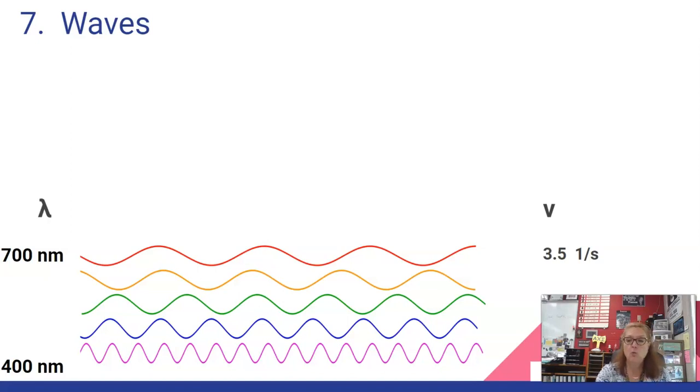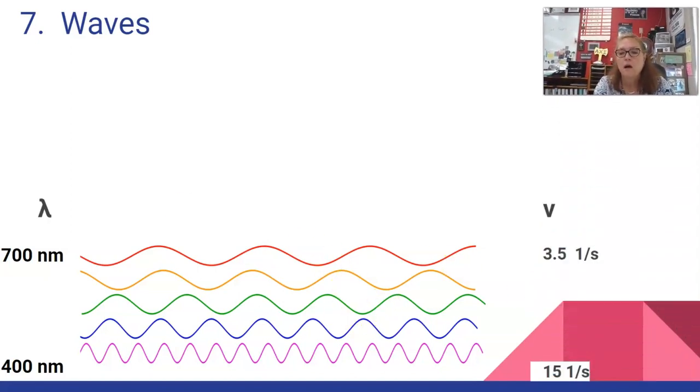Let me move my picture here. Maybe I'll put it up here. So what do you notice here? This is red light, and red light has a wavelength of roughly 700 nanometers. Don't worry too much about what a nano is, but it's a very small quantity, 10 to the negative 9th. So that's my wavelength. Red is 700. Now, where did I get 3.5 from for frequency?